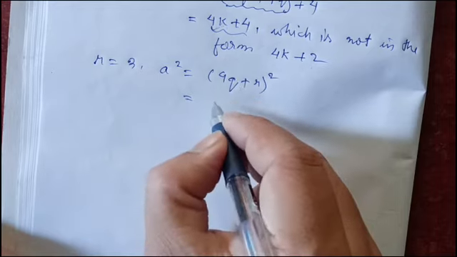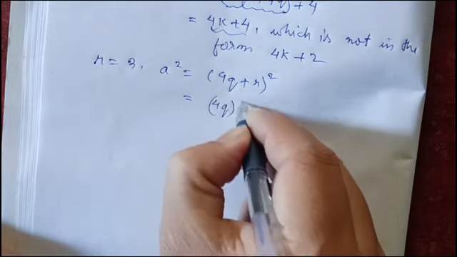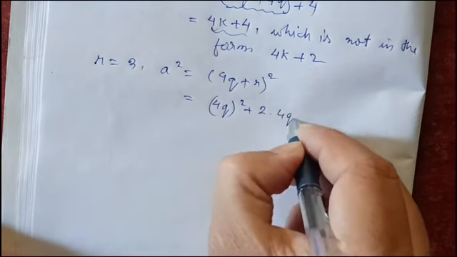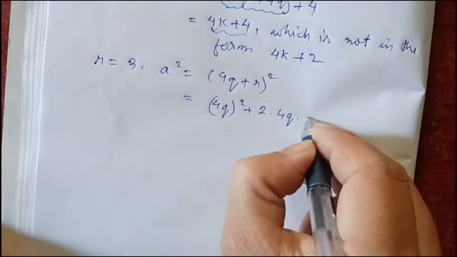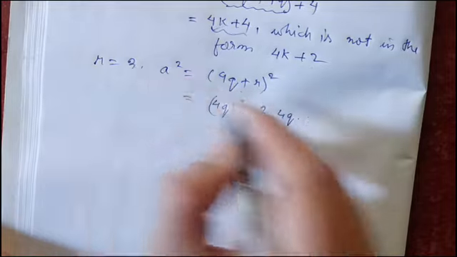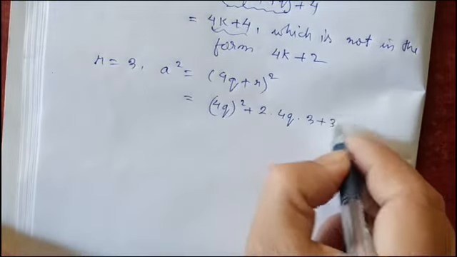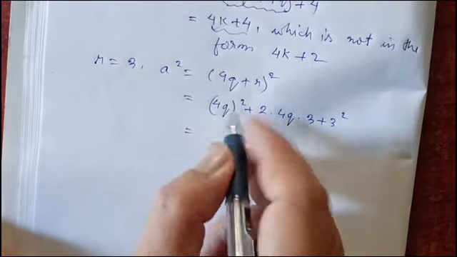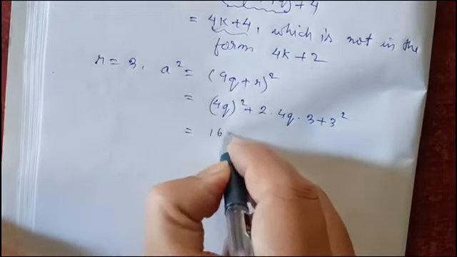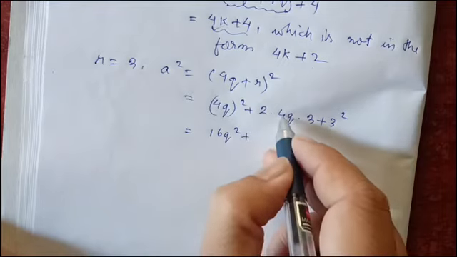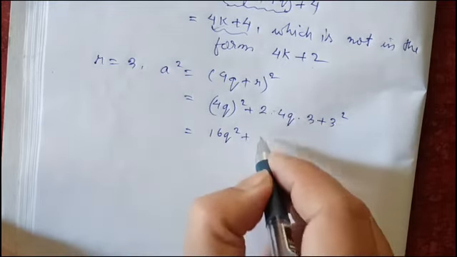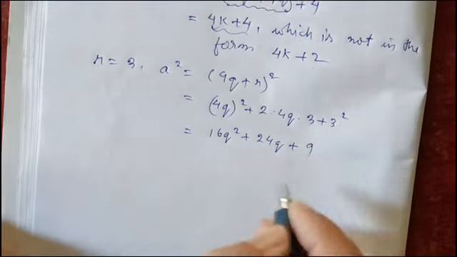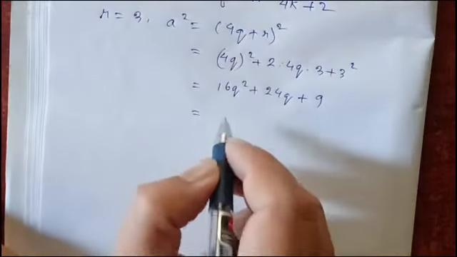Now let us apply the formula: a square plus twice ab plus b square, where our b is now 3. Then 4 square is 16, then 4 times 2 are 8, 8 times 3 are 24, then 3 square is 9, right?